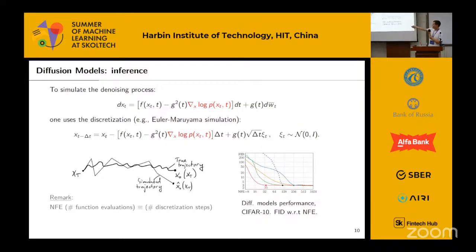So we just discretize our time and do some numerical iterative schemes, and in fact, we just approximate our trajectory numerically, and we generate new data. And of course, to accurately generate new data, we need a lot of discretization steps, which is time consuming. It's one of the limitations of diffusion models. I have discussed this during the previous lecture. But anyway, let us just briefly recall this.